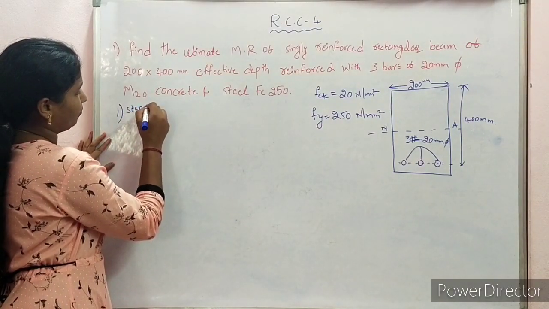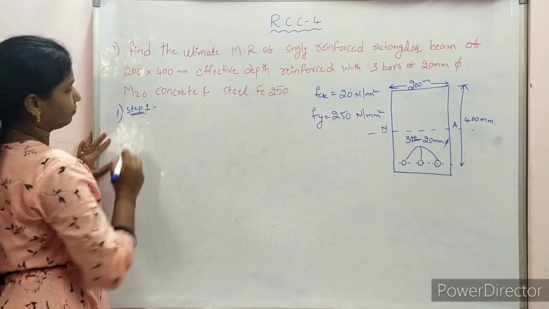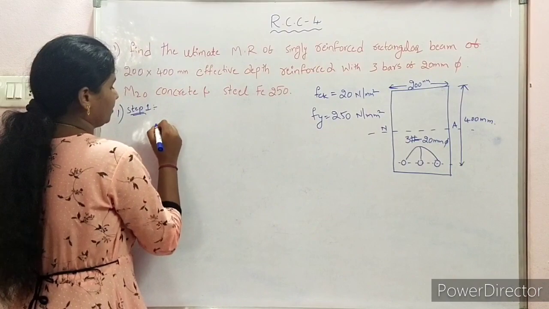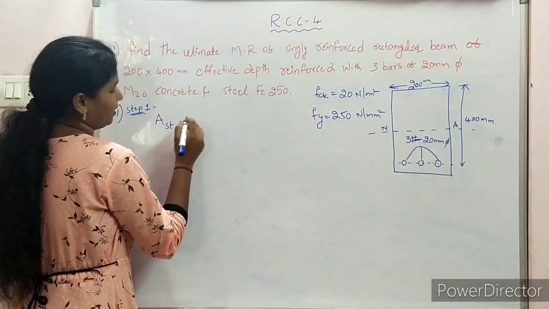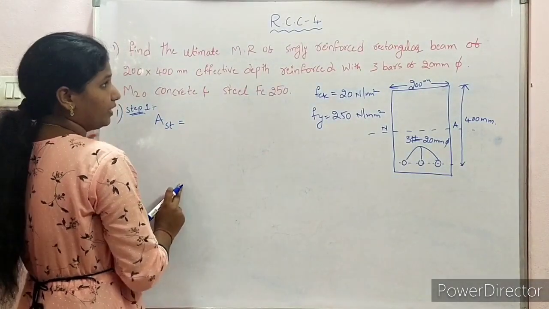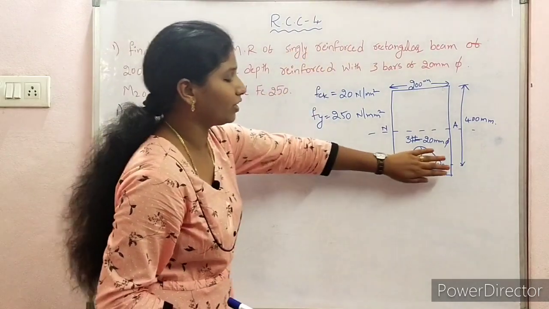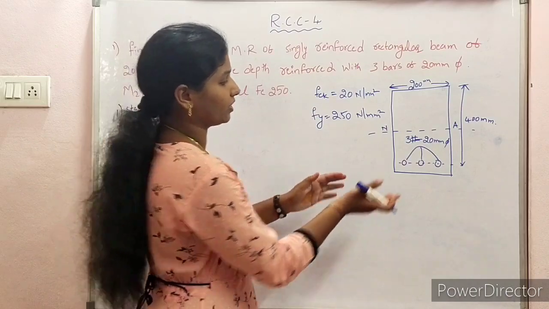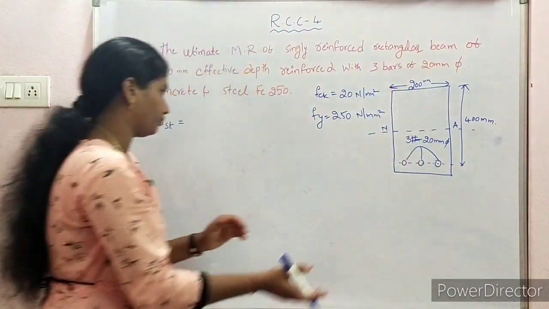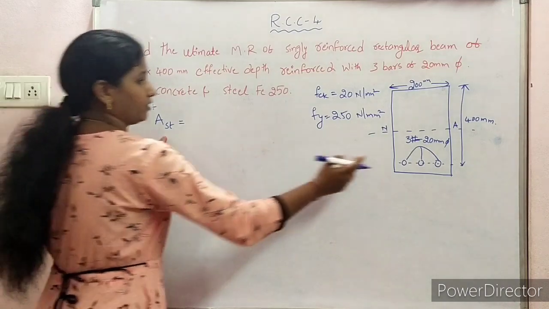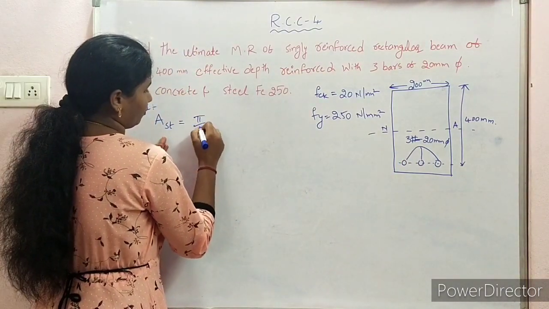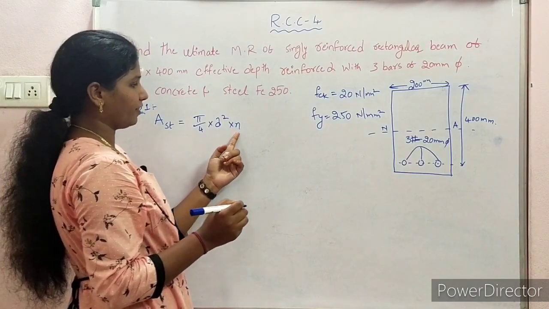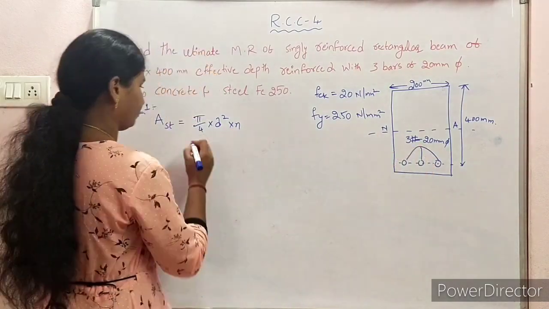Step 1: we have to calculate the area of the steel bars, that is AST, the area of the steel bars in the tension zone. Singly reinforced beam means we are providing steel only in the tension zone. If a doubly reinforced beam is mentioned, we have to provide steel in the tension zone and the compression zone. Here AST means pi by 4 into d square into n, where d is the dia of bar and n is the number of bars provided.